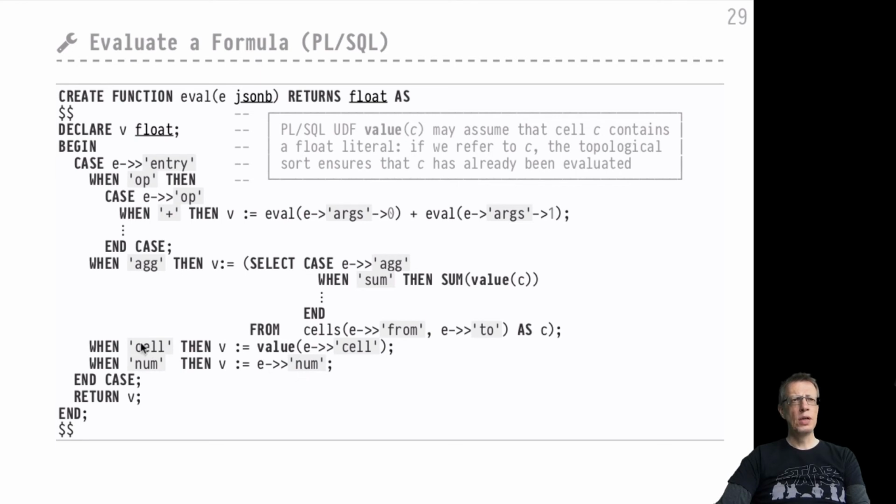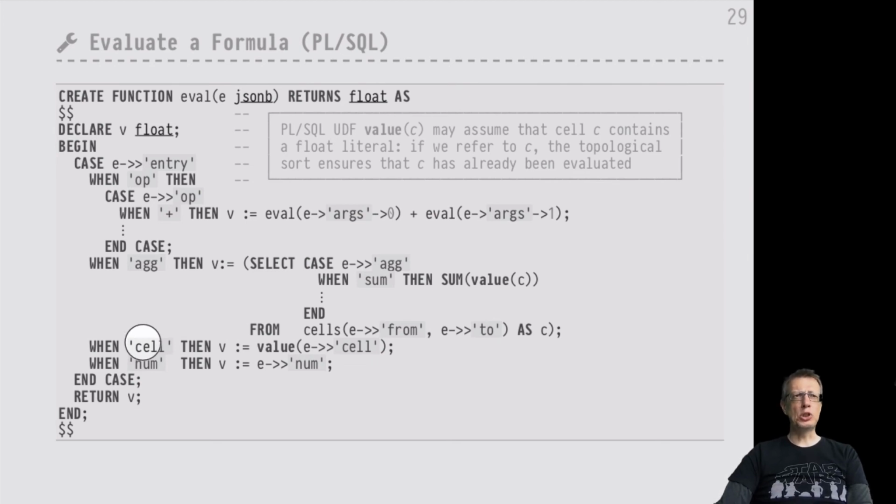What about the cell reference? Well, since we have applied topological sorting, we can be sure that any cell that will be referenced will not contain a complicated expression. It will contain a simple value. This is what we are doing here. We will simply follow to that reference cell and extract the value that is being held in this particular cell.